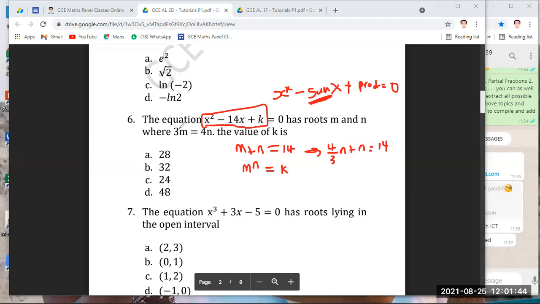All right, it is coming from what has been given, that 3m is equal to 4n. So I can make m the subject of the formula, and m will be equal to 4n on 3. If I now substitute in this first equation, we will have 4n on 3 plus n, which using fractions gives us 7n on 3. This left-hand side should be equal to 14 on the right-hand side. And when you solve for n here, what do you have, Lina?